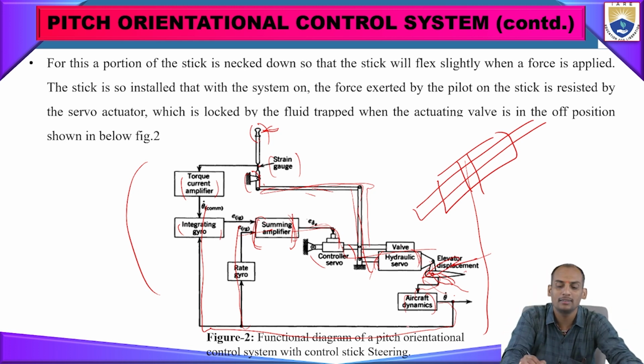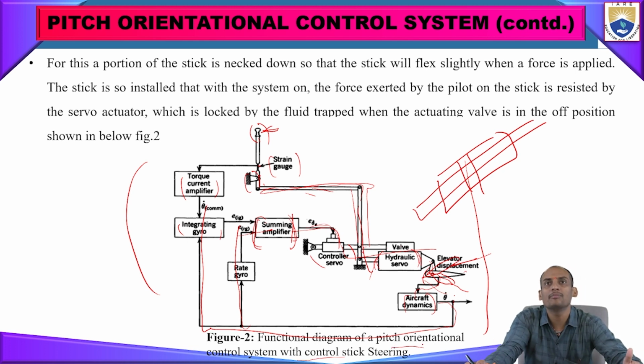This is the pitch orientation control system for a steering stick. You can see that the stick is necked down. That stick will flex slightly when force is applied, so the stick will be installed within a system.